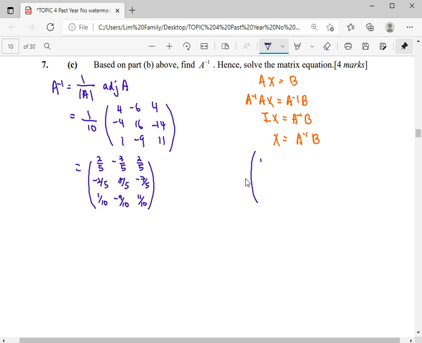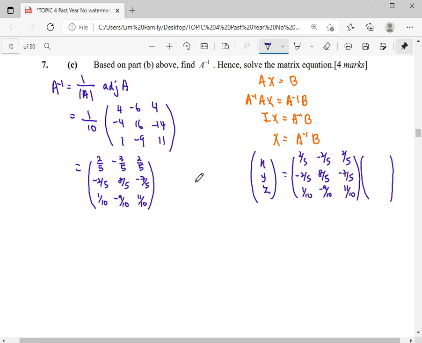What is our X matrix? Our unknown matrix X, Y, Z can be obtained by finding A inverse times our matrix B. So we substitute our A inverse here. Then for the B matrix, I have to refer back to question A just now.